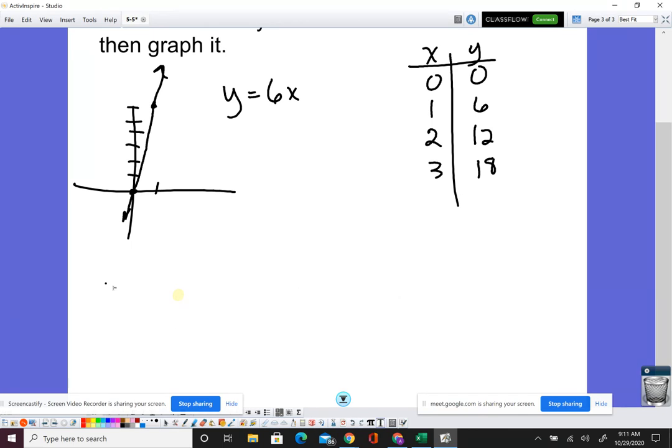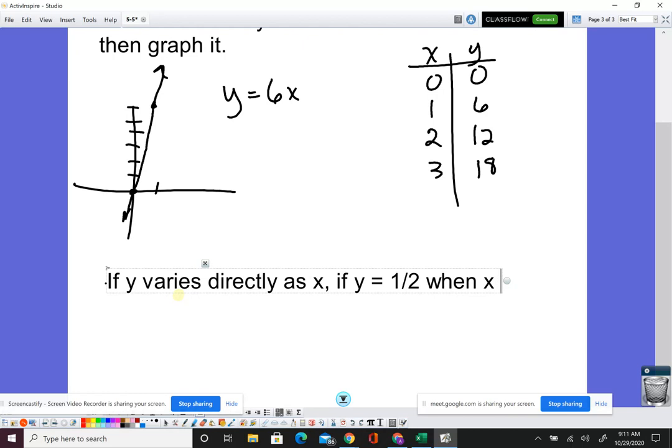Okay. Try this again. Thanks for bearing with me. When x equals 1. Okay.